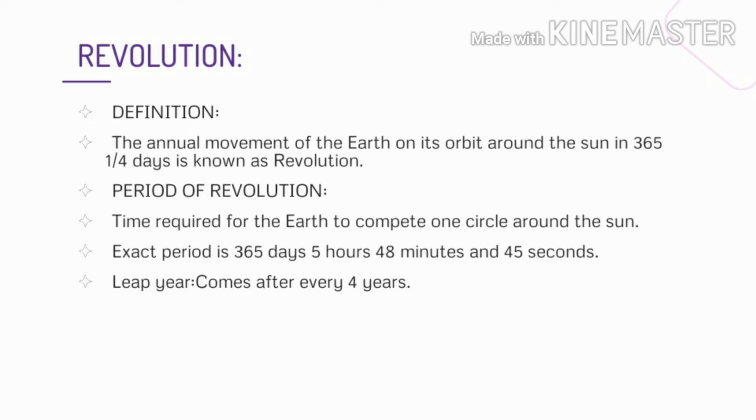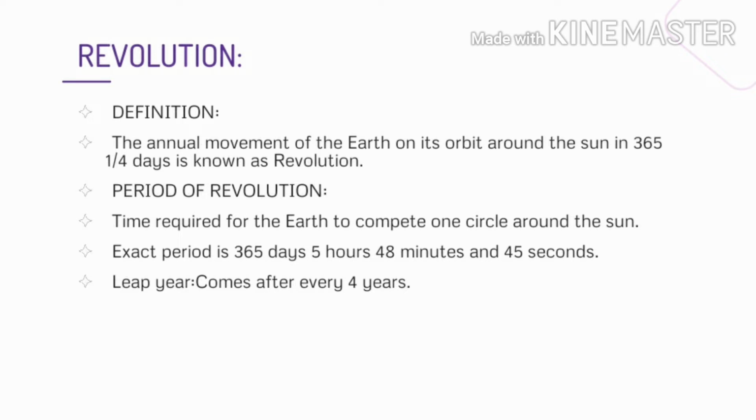After every fourth year, the extra quarter days add up to one full day, and this day is added to the month of February. This year consists of 366 days, and it is known as the leap year.